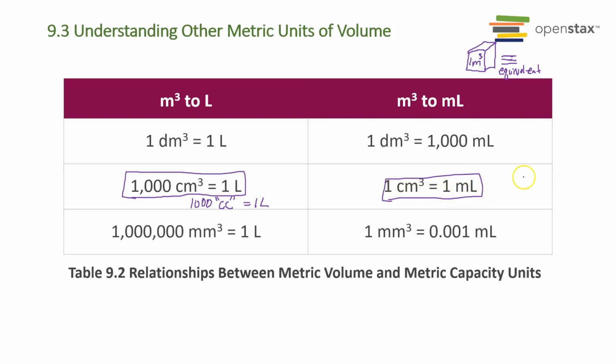So you'll hear mLs or cc's in the medical field when we're talking about administering drugs and medicine, because that is measured in metric units. And they have this really nice relationship between cubic volume and liter volume.